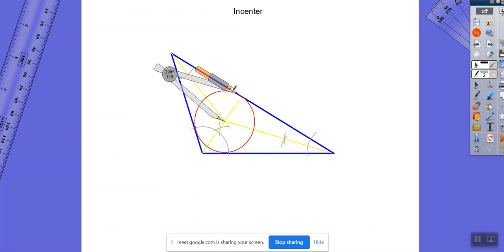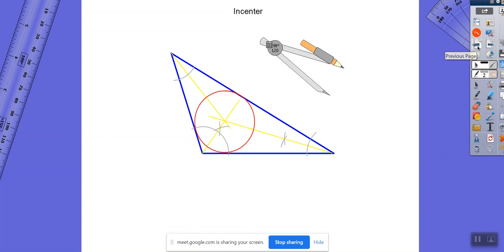All right, so notice how all three sides of the triangle are tangent to my circle. Cool stuff. So this circle is inscribed in my triangle. So I'll say this again. The circle is inscribed in the circle.